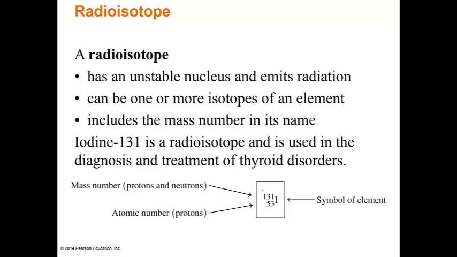Its atomic number is 53. So if we want to know how many neutrons are in this, we subtract 53 from 131, and that gives us 78. That's how we know how many neutrons are located in this atom.